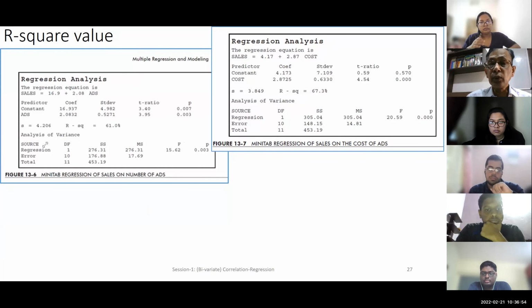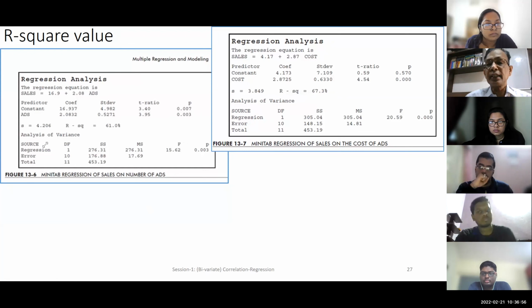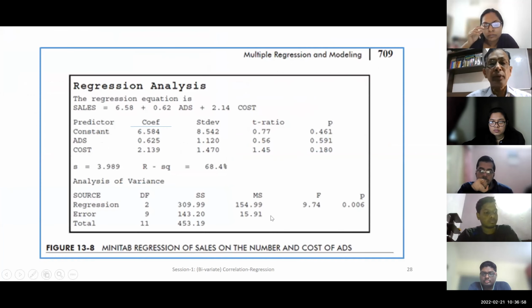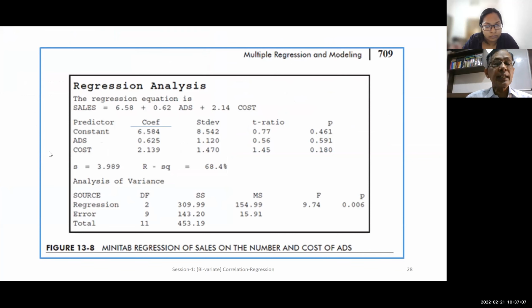Now, a twist in the story. Please see when he has added both. This we have already seen. Now, both factors taken together. This is the number of times you are repeating the ad, and this is cost. Now, when you are taking both, it is hardly 68%.